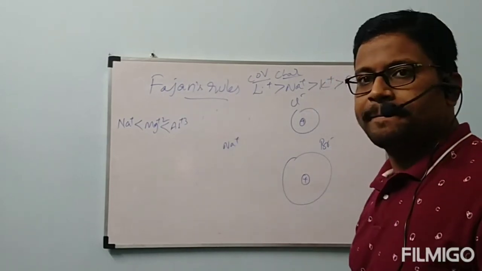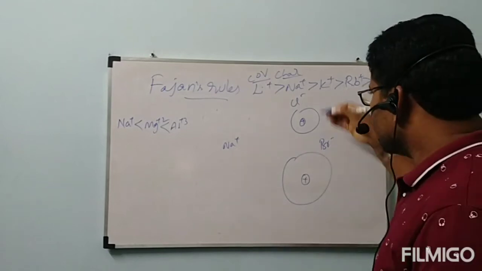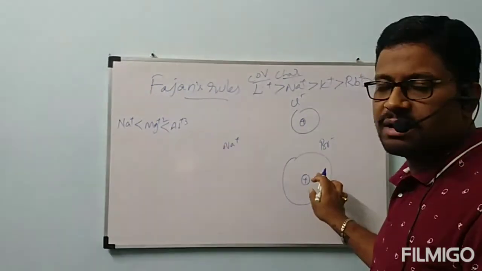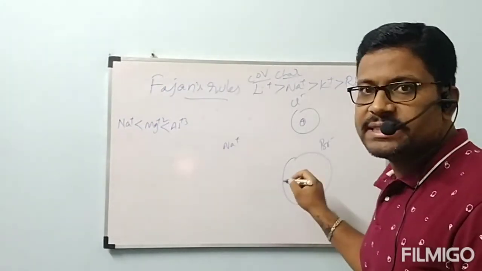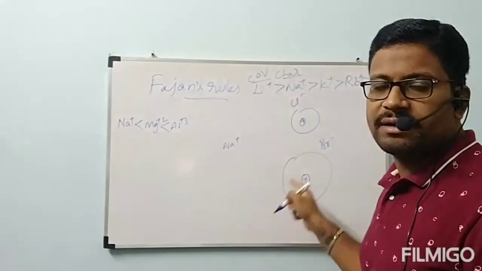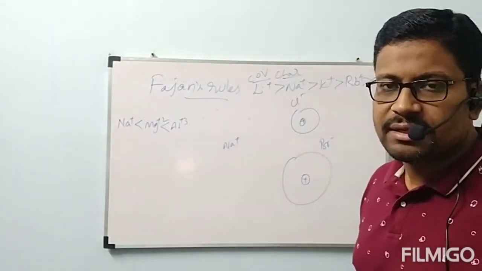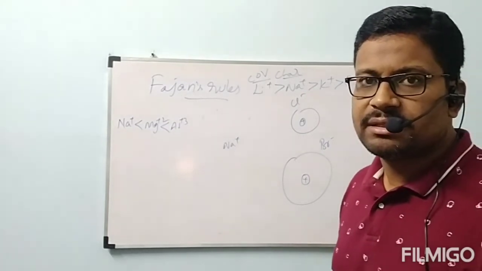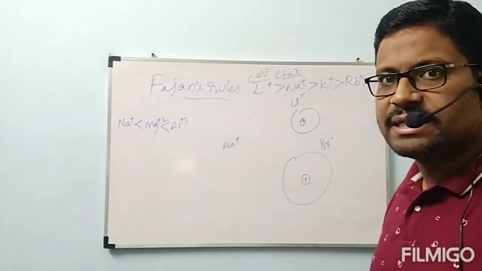Same cation but different anions I took. Now size on the anion is affected. This one has bigger size when compared to this one. Then this one can be polarized easily. It has high covalent character. When the size on the anion increases, covalent character increases.